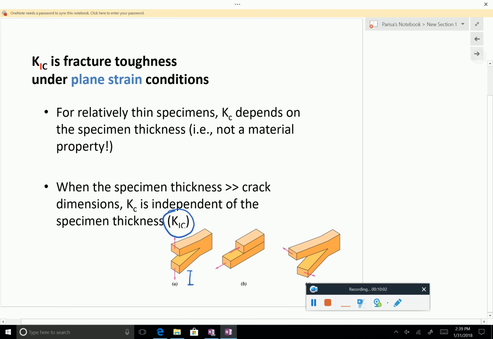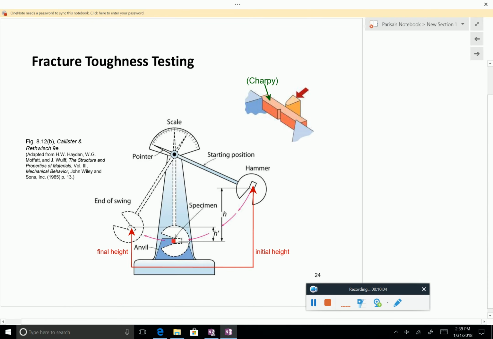A material property, you need to have a way to measure it. And this is how people measure plane strain fracture toughness. Look first at the little sample here with the notch. So it has a standard size, etc. It has a little notch. And then you put it here and you send a hammer from an initial height to crush it basically, and you measure where it stops.